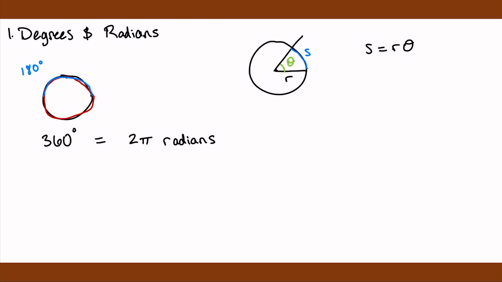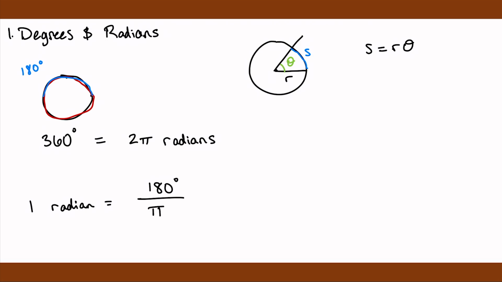We talk about this a lot. Radians are the natural unit when we're dealing with trig functions and circles and triangles. We like to use radians if we can, though we can go back and forth. And the last thing we want to say is, well, if 360 degrees is 2 pi radians, we can do some shuffling around and say that 1 radian is simply 180 degrees divided by pi.